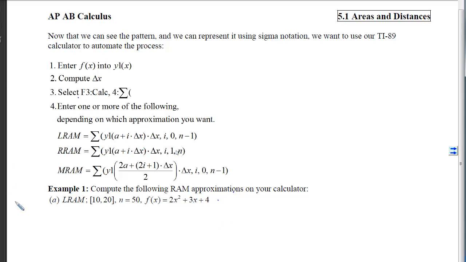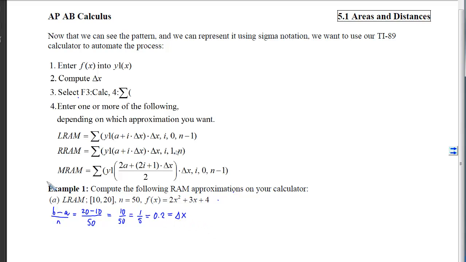Well, in order to compute delta x, I need to know my b minus my a over my n. So my b is 20, my a is 10, and my n is 50. So I end up with 10/50ths, or 1/5, or 0.2. So that is my delta x.